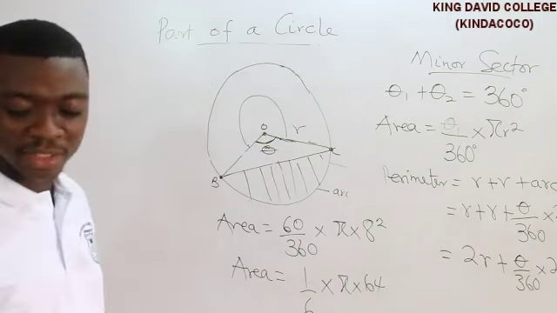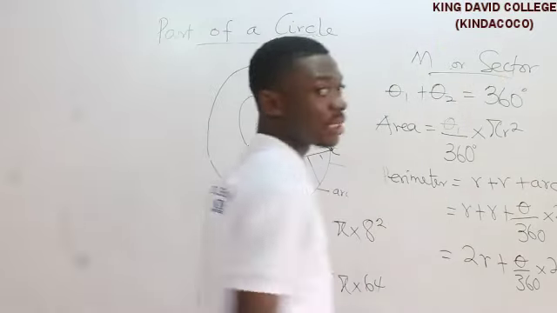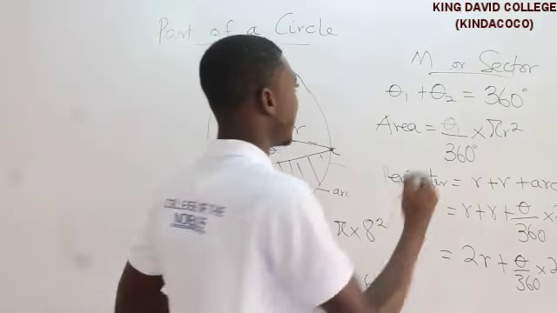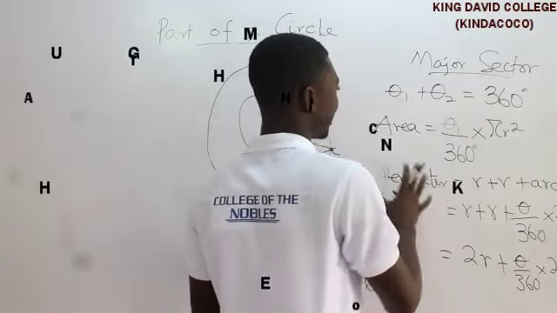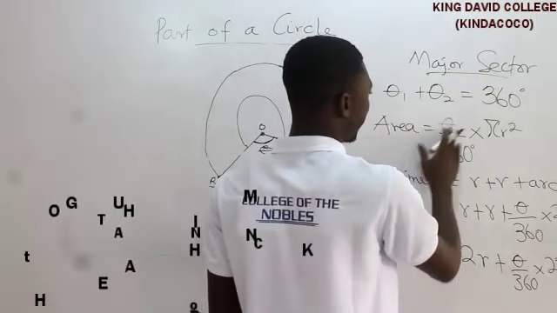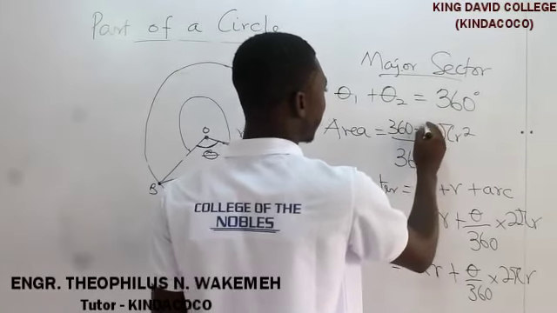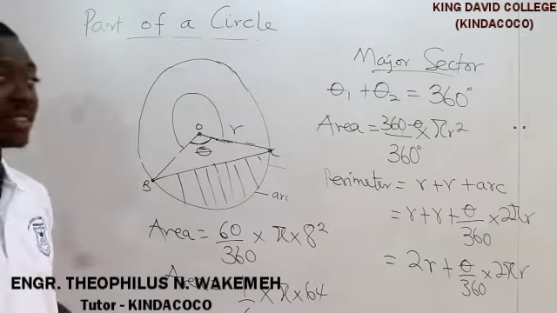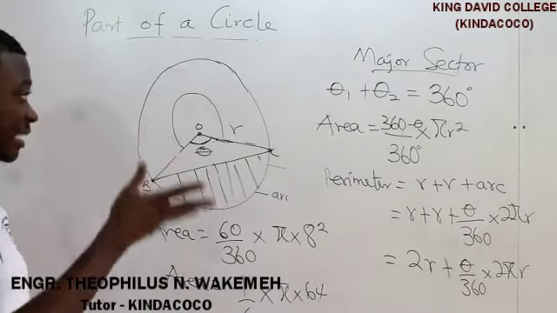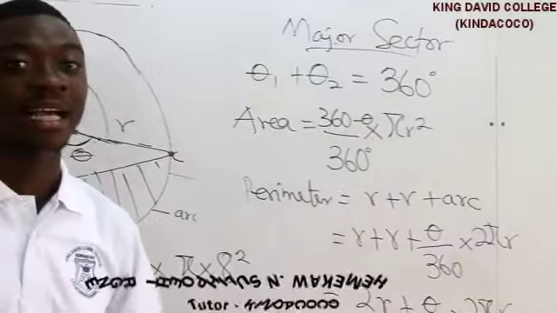So in terms of major sector, the area is going to be with 360 minus theta. That's all that will change. The formula will change, only the angle. So this one will change from theta to 360 minus theta.